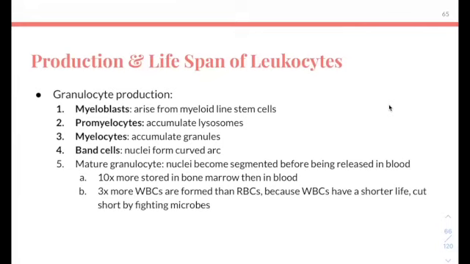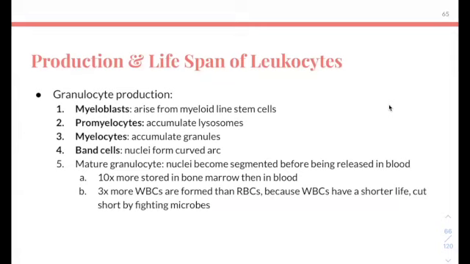So we have myeloblasts that come from the myeloid line of stem cells. They go to promyelocytes that accumulate lysosomes, and they go to myelocytes that accumulate granules, to band cells to form a nice curve to the arc. Then they mature to granulocytes. Their nuclei become segmented before it's released into the blood.